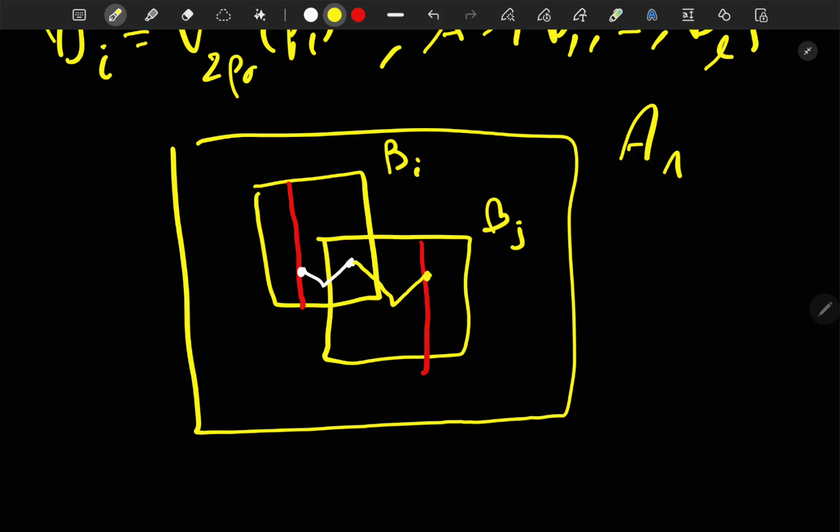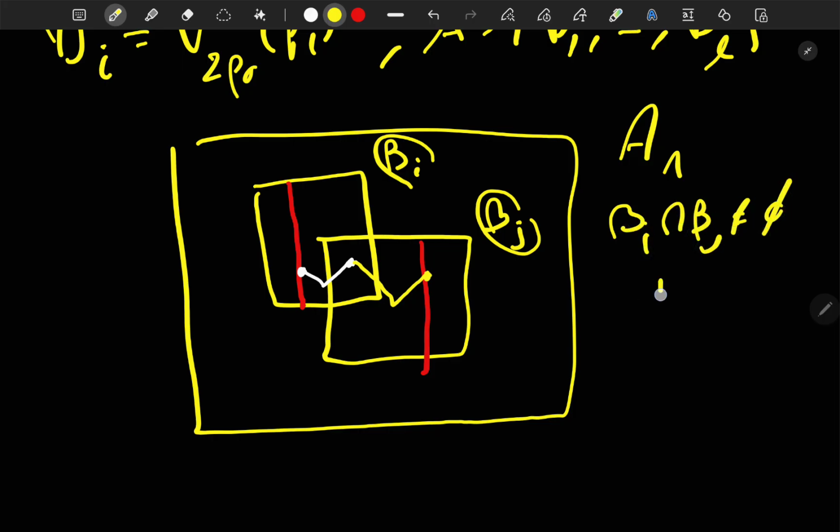So the main thing is that we can join these center disks, and when they intersect, if BY intersects BJ, then we can join these two disks by a four-legged path.